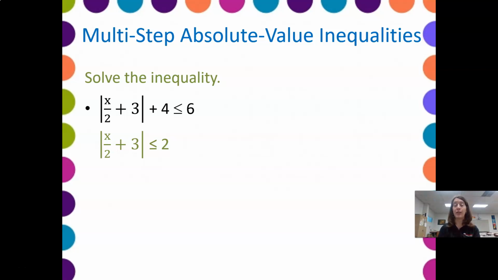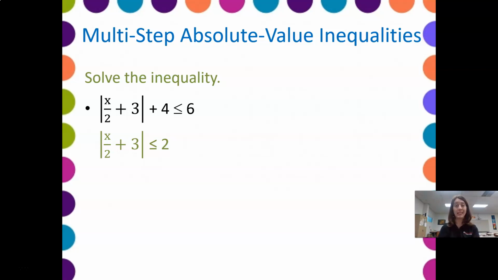The absolute value symbol is completely isolated. Notice this time, unlike the earlier example that we did, the x over 2 is all inside of the absolute value sign. On the previous question, only the x was in the absolute value and the over 2 was underneath it. Well, this is not that situation, so I need to keep that in the original problem.